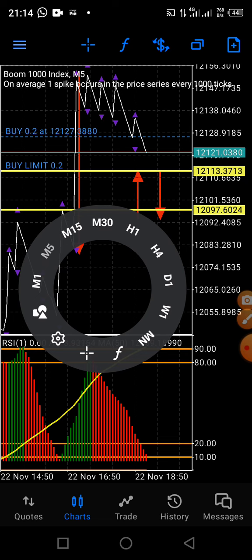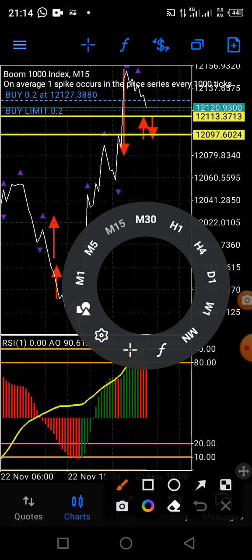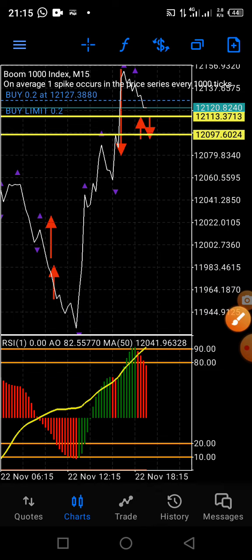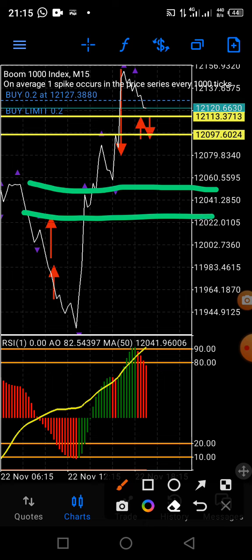So we are targeting the in-between of M5. So M15, in-between of M15, it is here. In-between of M15, it is there, we target there. But what we are targeting, that is the in-between of M5.